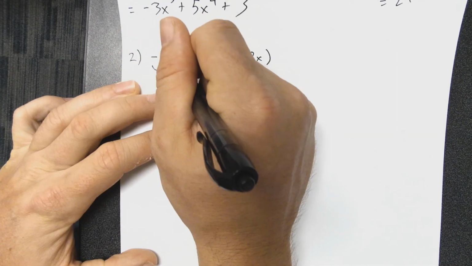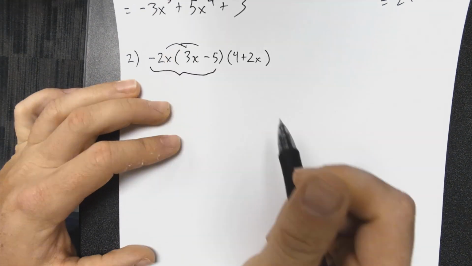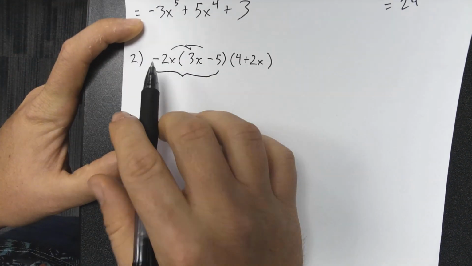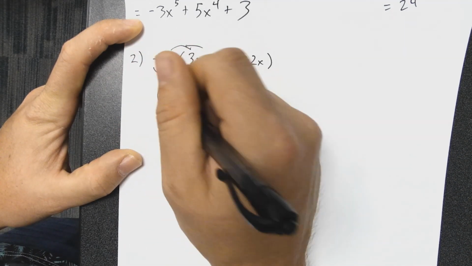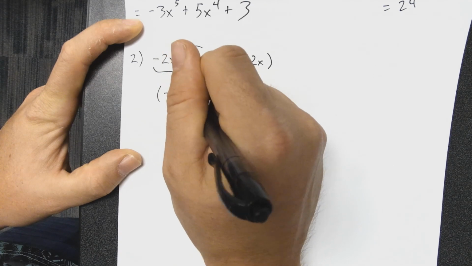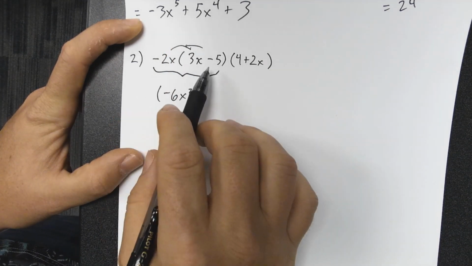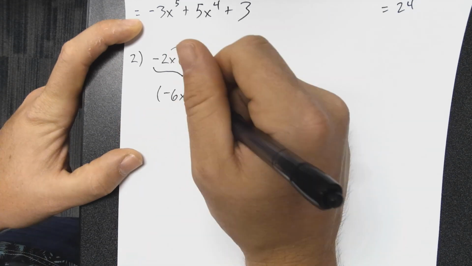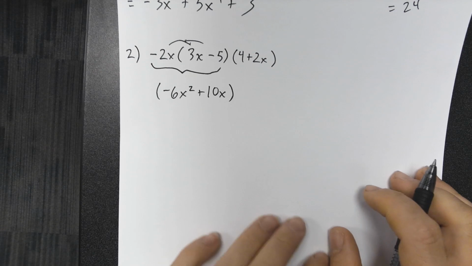So I'm going to multiply these 2. Negative 2x times 3x: negative 2 times 3 is negative 6, x times x is x squared. Then negative 2x times negative 5, negative 2 times negative 5 is positive 10, and then we got an x. I have to keep that in parentheses.